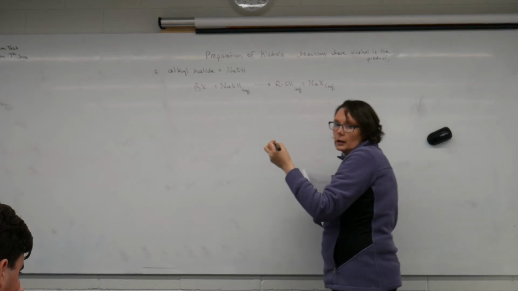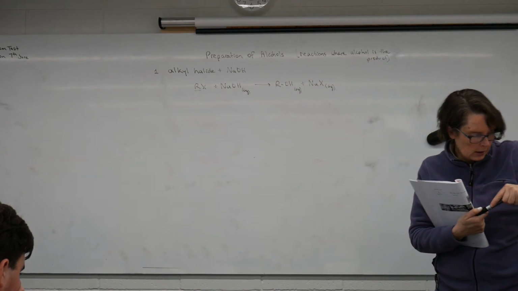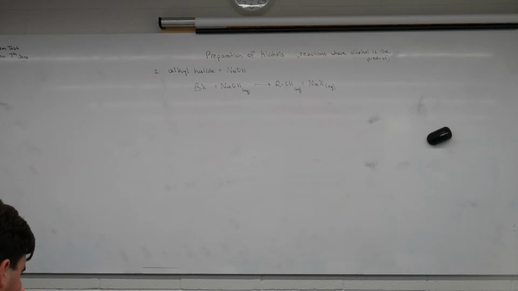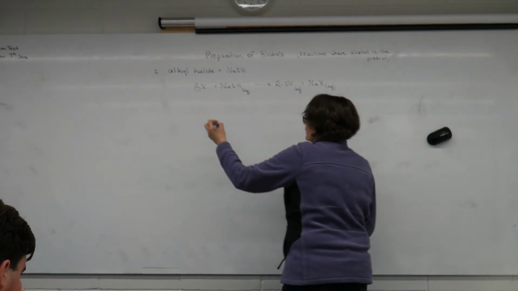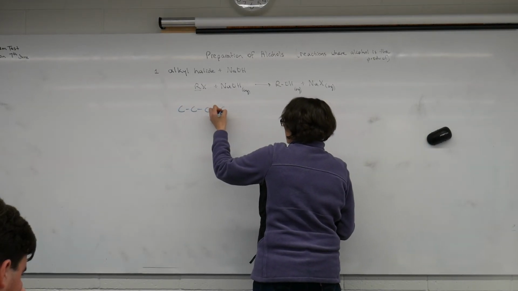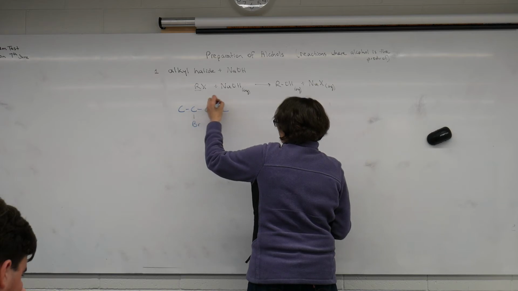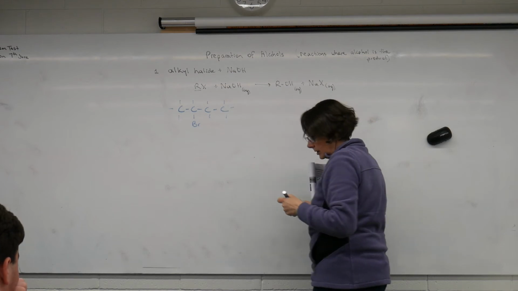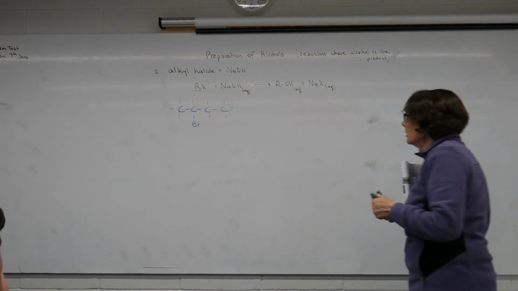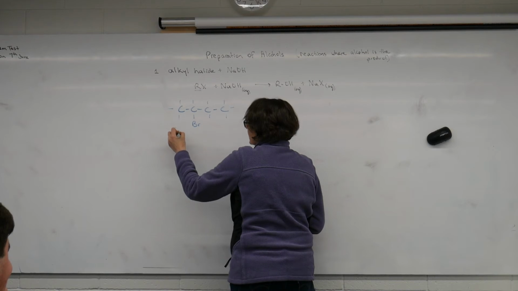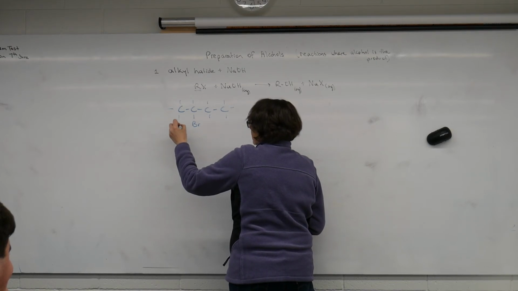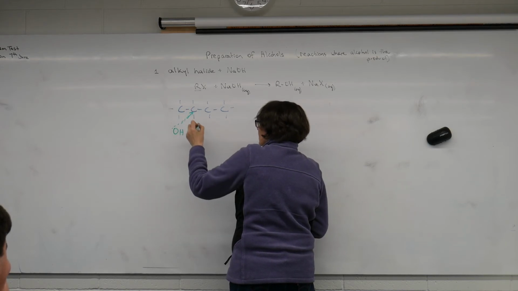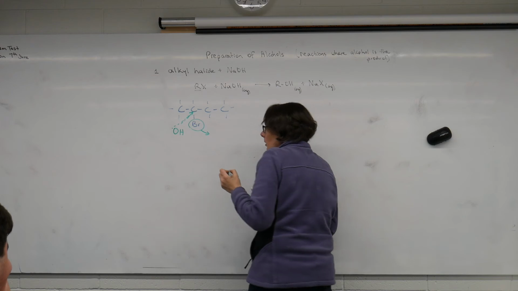All right, so if we looked at what I'm trying to explain to you in more specific terms, what that means is what is going to happen is that our hydroxide is going to come along here and replace the bromine. So the hydroxide will end up bonded to that carbon, and the bromine comes off as the bromide ion.